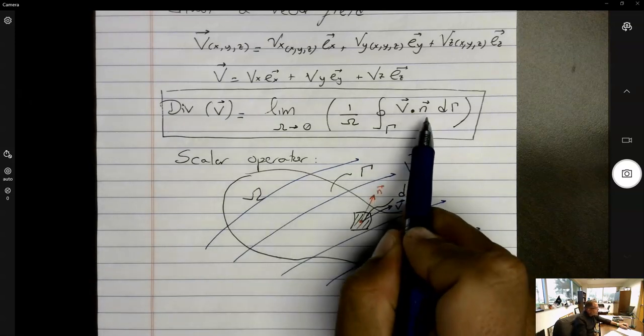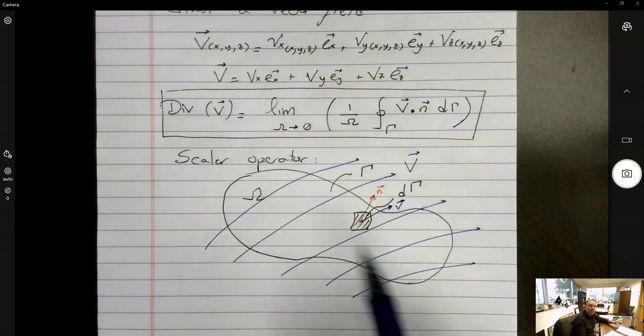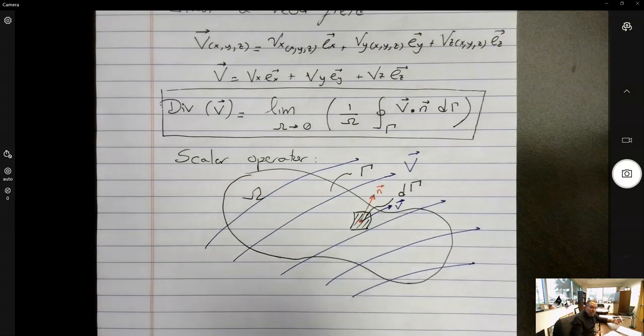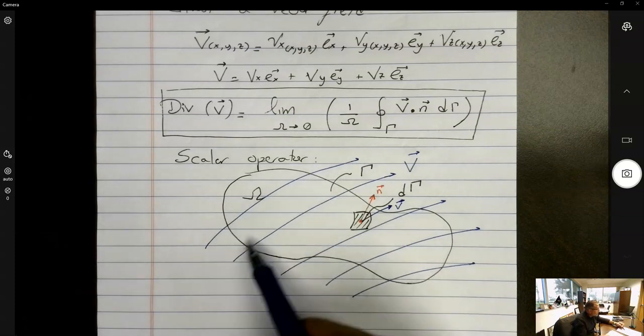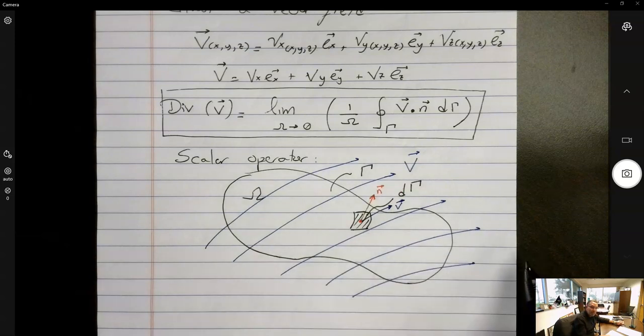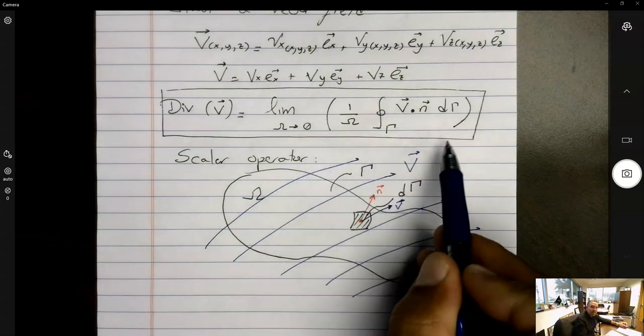If that number is equal to 0, it means that the flow is incompressible. There's no way to stretch the flow or compress the flow because whatever goes in equals whatever goes out. We know this from fluid mechanics. An incompressible flow means that whatever goes into a control volume leaves the control volume instantly on the other end. Now, if there was some compressibility to this flow field, then this quantity will be different than 0.